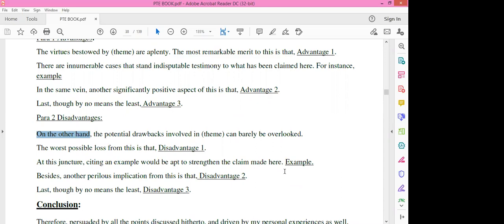If you want to write a little further, you can also say an individual has to do both full-time and part-time jobs in order to meet the basic quality of living.